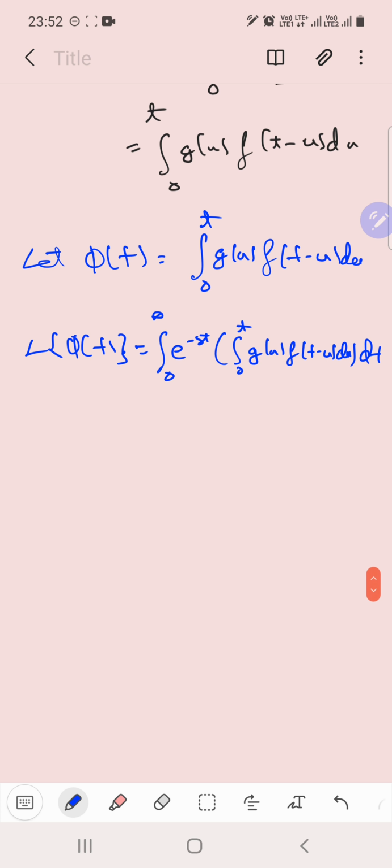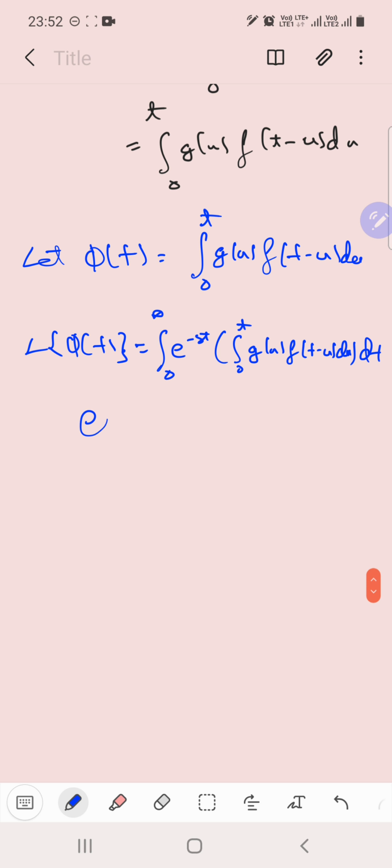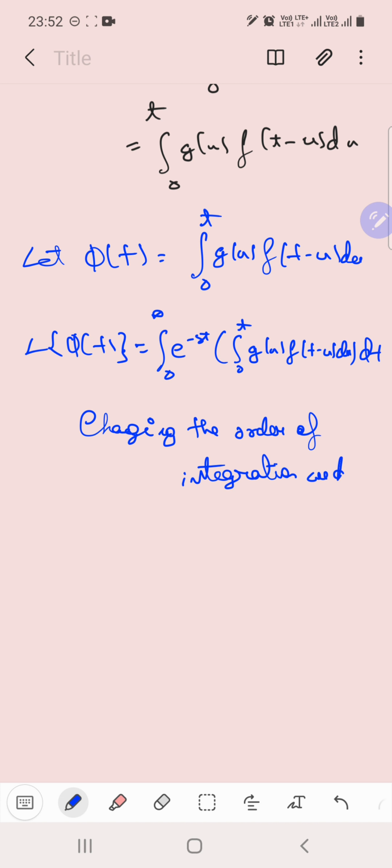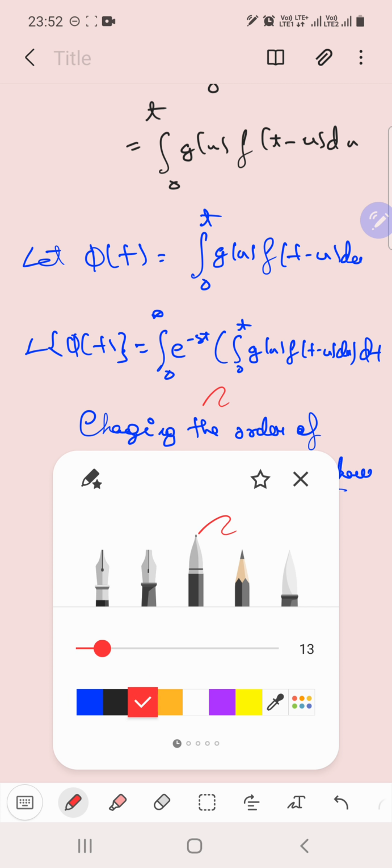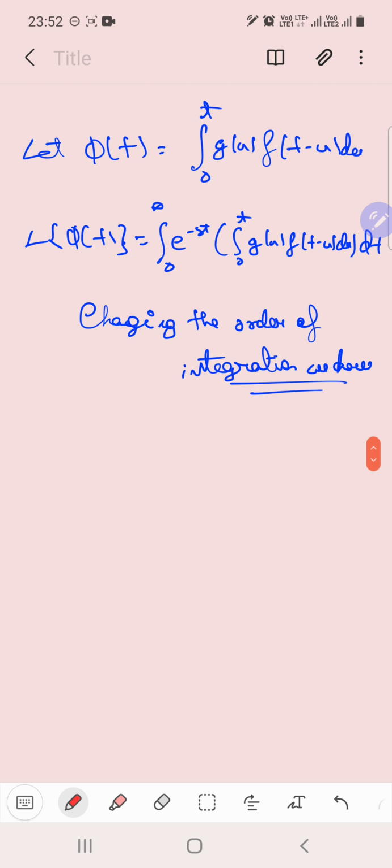Now what we will do, we will change the order of integration. How we change the order of integration, I am not going to tell in this particular lecture. We might have a separate video to understand how we can change the order of integration.